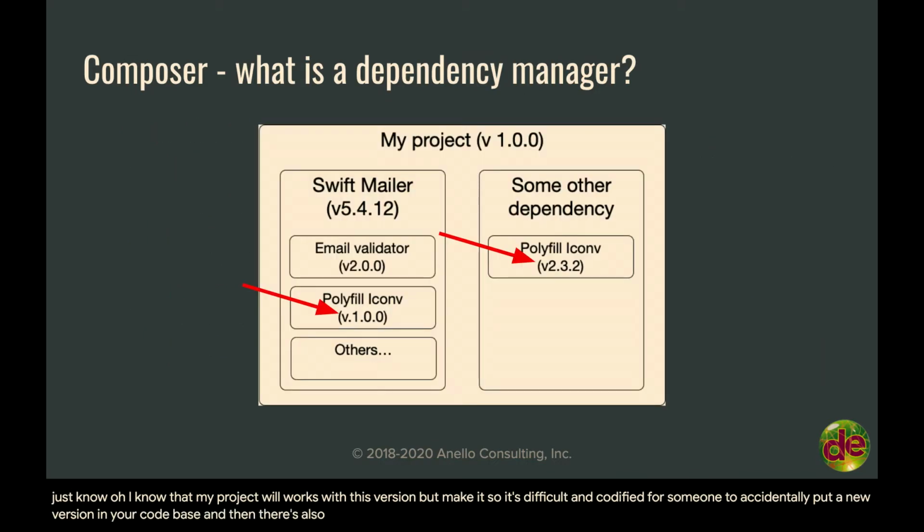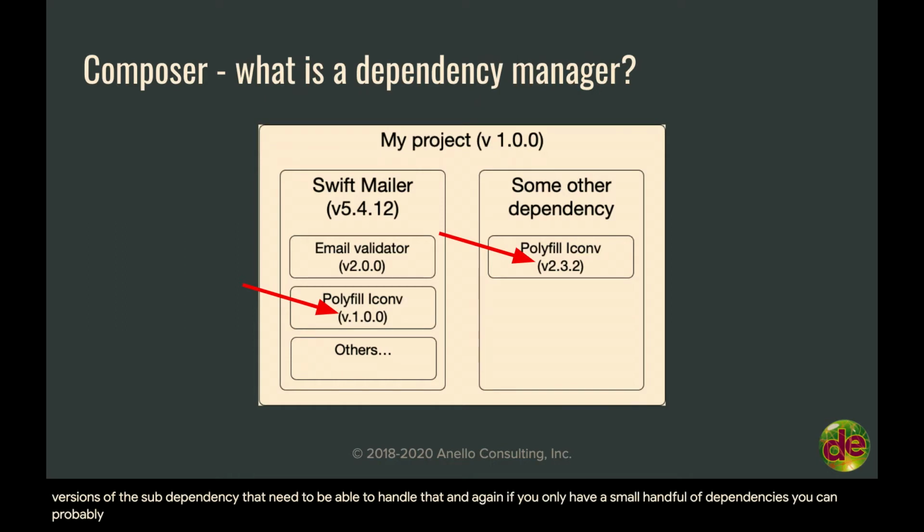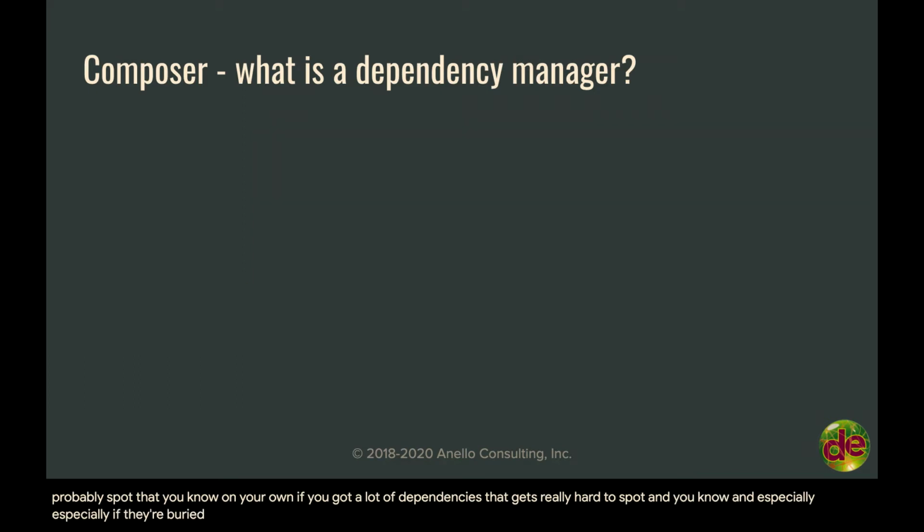And then there's also the case of what happens if you have two dependencies who want different versions of a subdependency. You need to be able to handle that. And again, if you only have a small handful of dependencies, you can probably spot that on your own. If you've got a lot of dependencies, that gets really hard to spot, especially if they're buried as subdependencies.